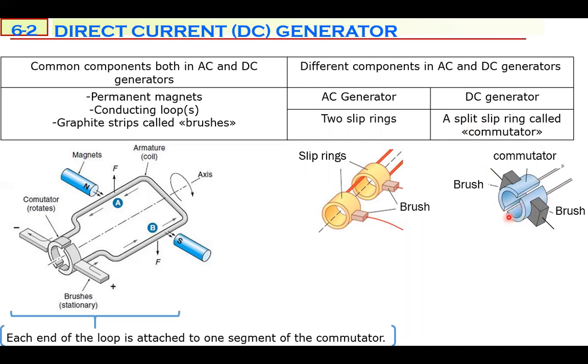One half segment is attached to one end of the coil, the other half segment is attached to the other end of the coil. And each brush is in contact with one segment. So this is the difference between the structure of a DC generator and an AC generator.